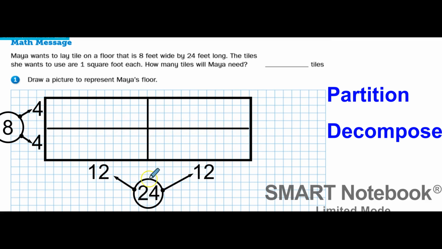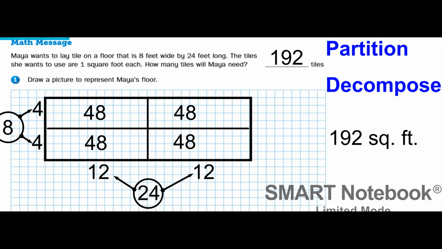For 24, I decomposed 24 into 12 and 12, and partitioned my rectangle. So now to find the area of this section, I would do 4 times 12. To find the area of this section, 4 times 12. This section, 4 times 12. And for this section, 4 times 12.